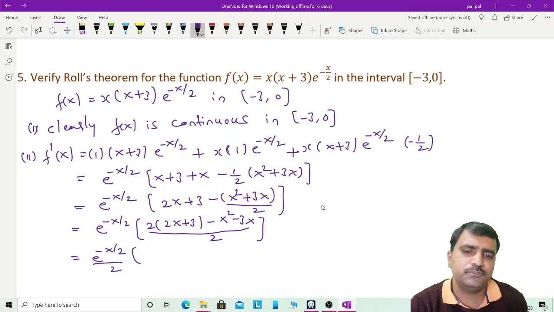This 2 I am writing here. So 2 into 2x plus 3 is 4x plus 6 minus x square minus 3x.